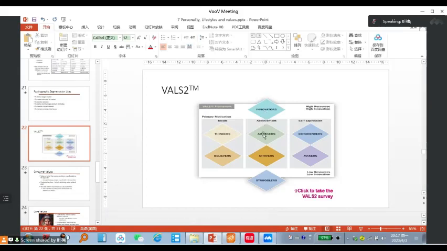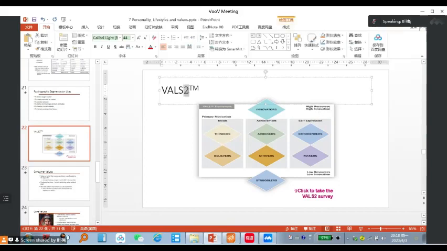We can segment the consumers into different categories, for example, innovators, strugglers, thinkers, achievers, experiencers. And this is the values too.